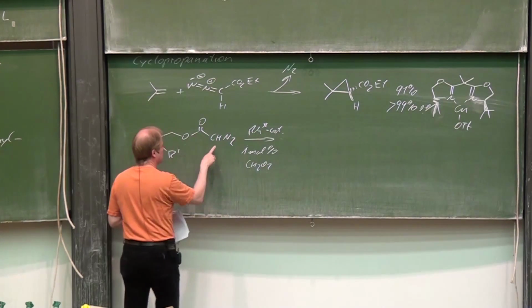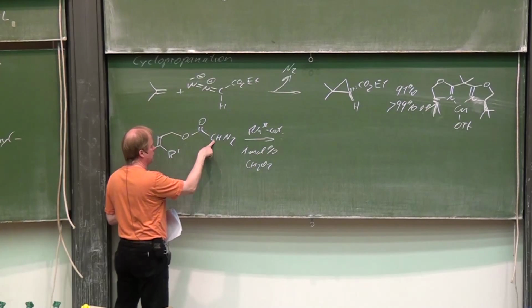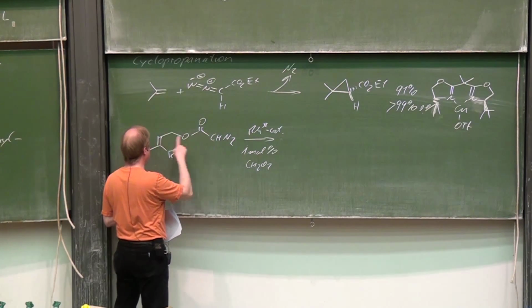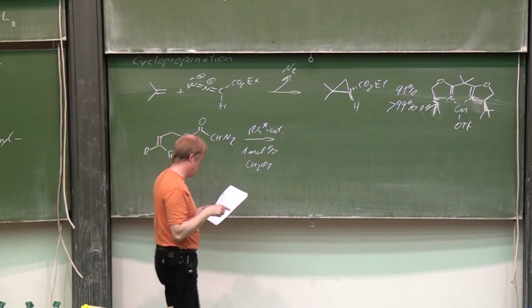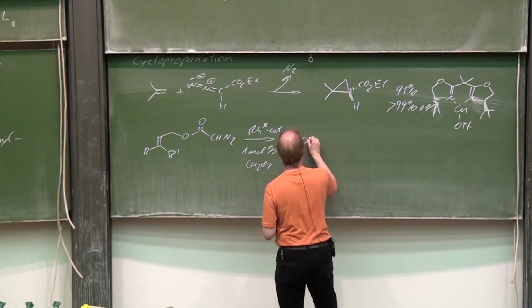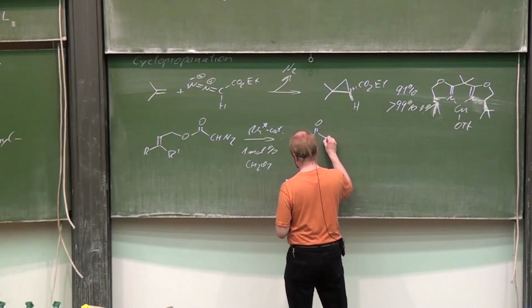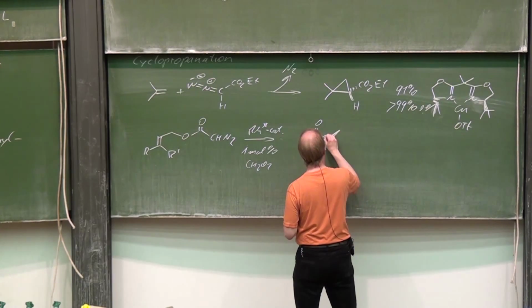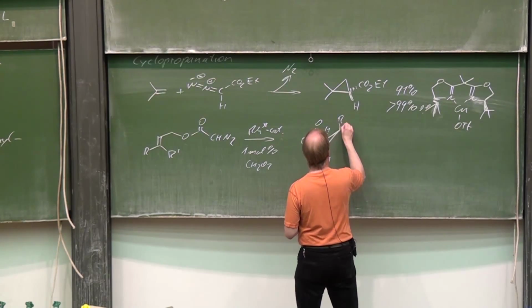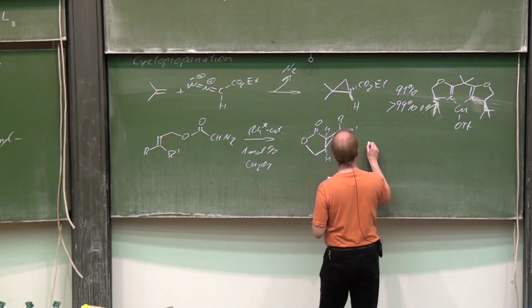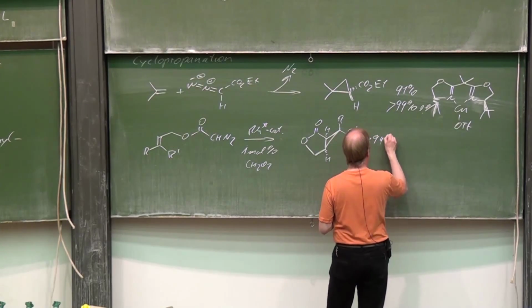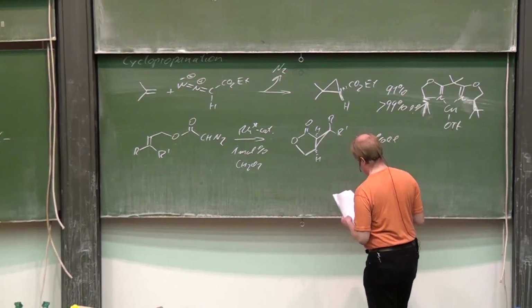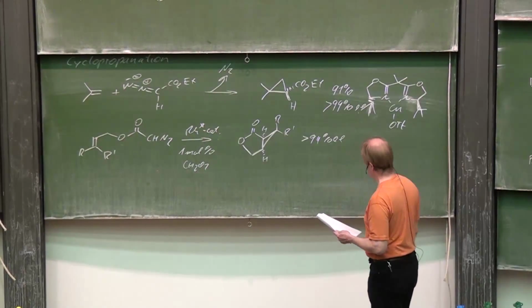So, here the rhodium carbene complex is formed. The carbene reacts with that olefin under cyclopropanation. Better than 94% ee were achieved.